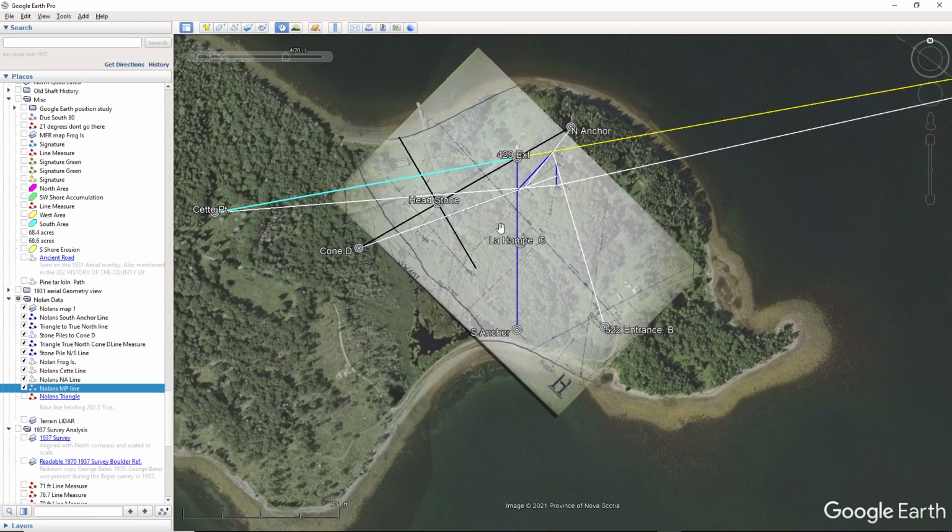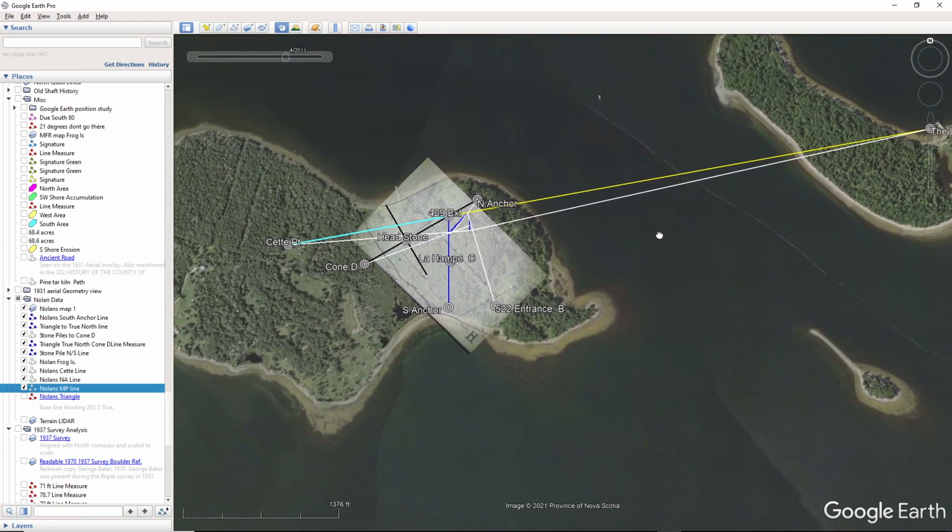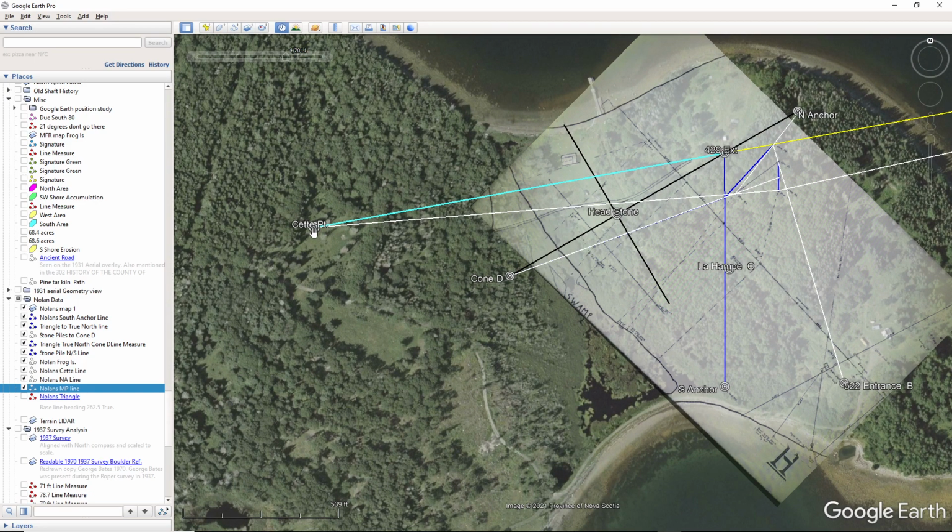So what we're seeing here basically is the triangulation of these stone piles, which establish the axis of Nolan's cross in relationship to the set point, okay? And we're going to find out later with our next document, which is the 1937 survey, why this is being shown here, because I think they're connected.